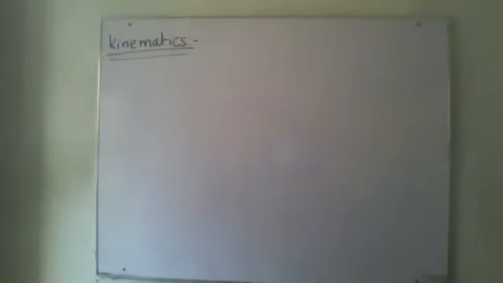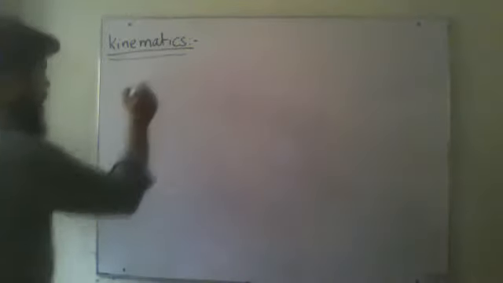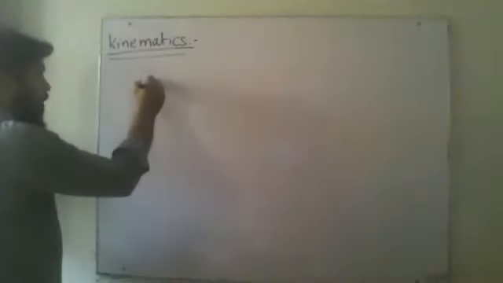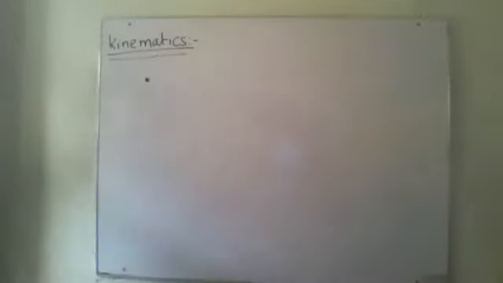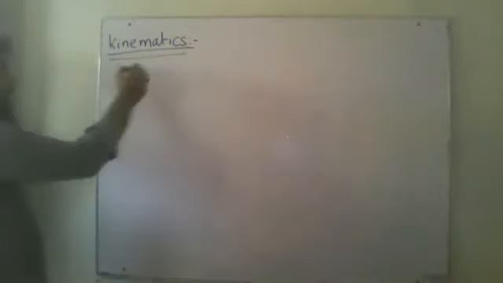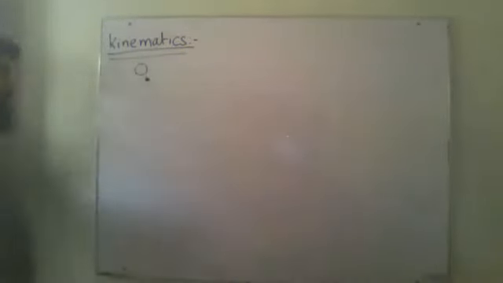The question says a particle P moves on a straight line, so its distance S starts from a fixed point O. A body is moving on a straight line and the starting point O is there.